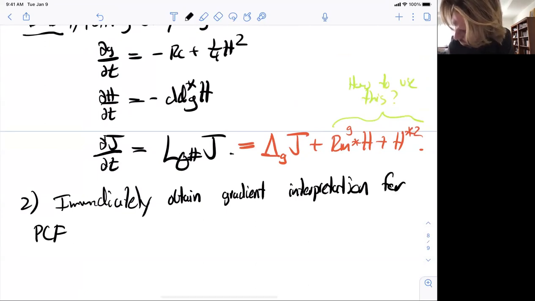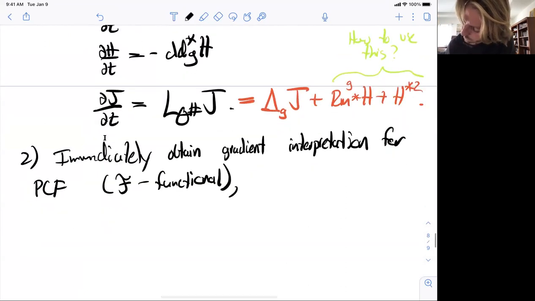This is this F functional which I think both Mario and I discussed before, as well as entropies.